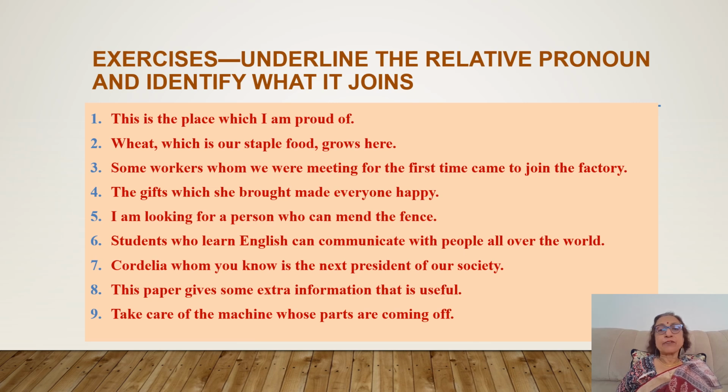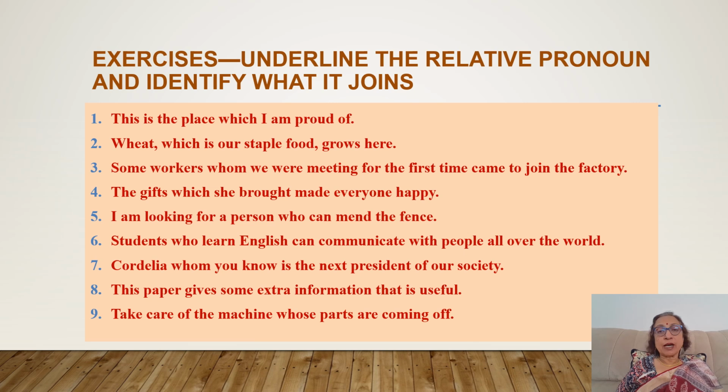So here you have some sentences. Every one of them is actually two units joined together because they have a noun or a pronoun in common. First, identify the pronoun, which is the relative pronoun, and second, identify the two parts into which the sentence existed and how these sentences are put together.